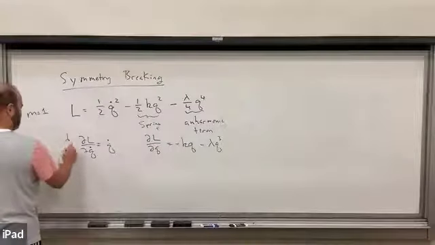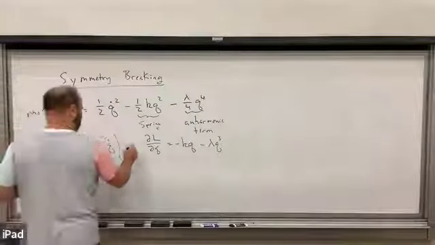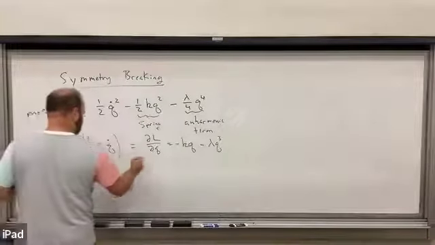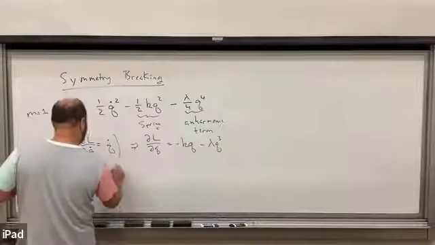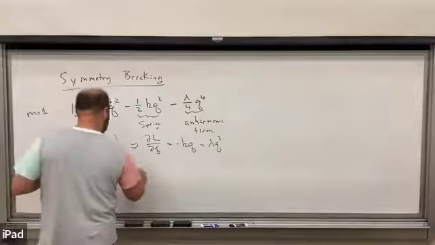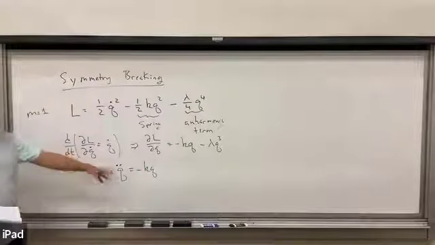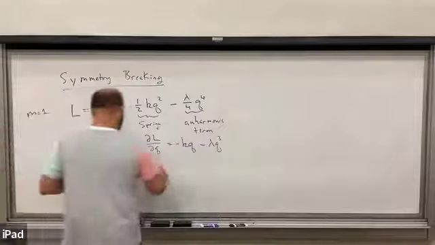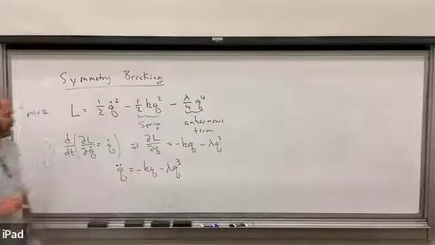Then we take the time derivative of the first and set it equal to the second, and basically we get q double dot equal to minus kq. That would be the simple harmonic oscillator with spring constant k. And then we have an anharmonic term, q cubed, like that.